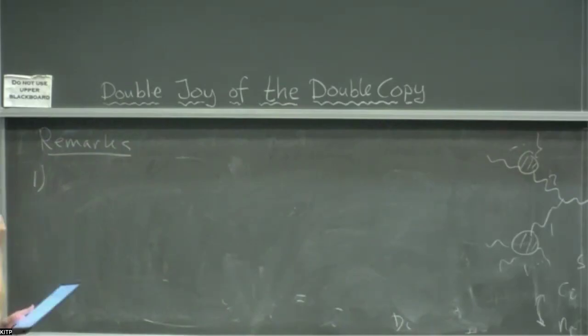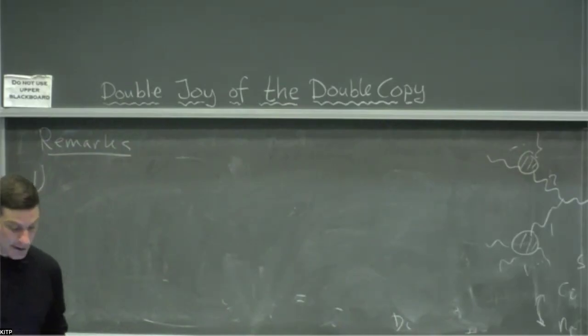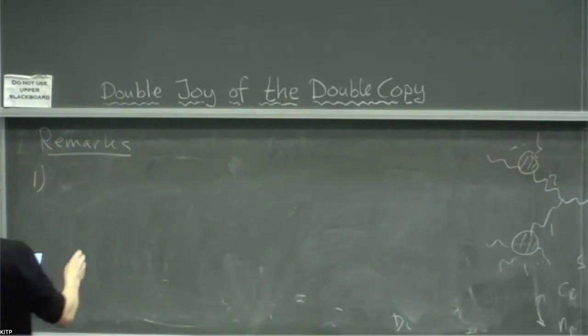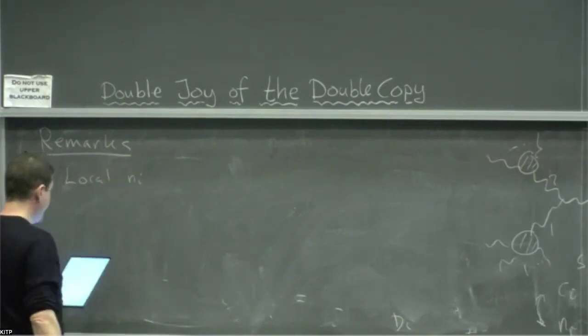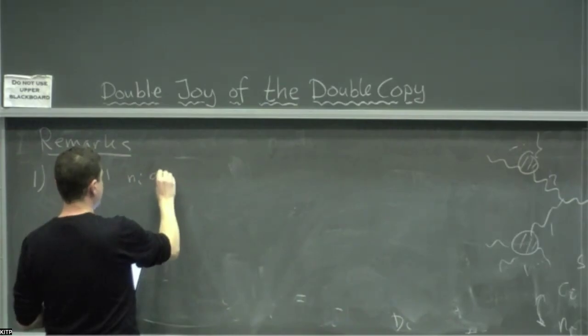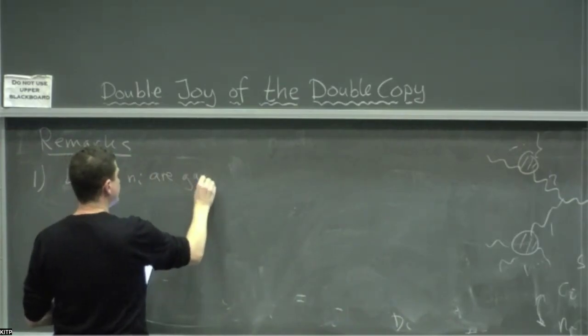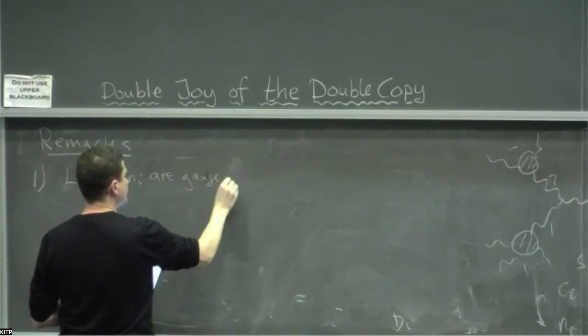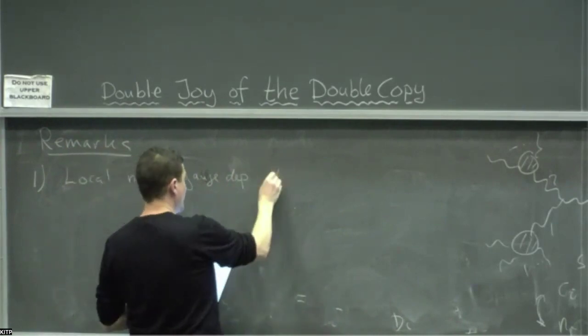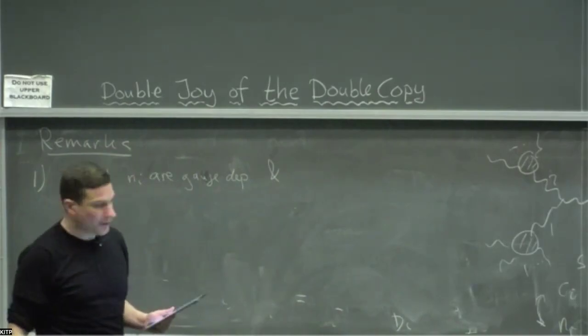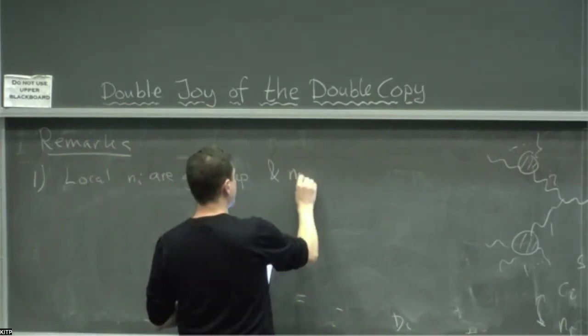So the first remark here is that the local numerators are gauge dependent. And furthermore, well, it's kind of obvious, they're non-unique.